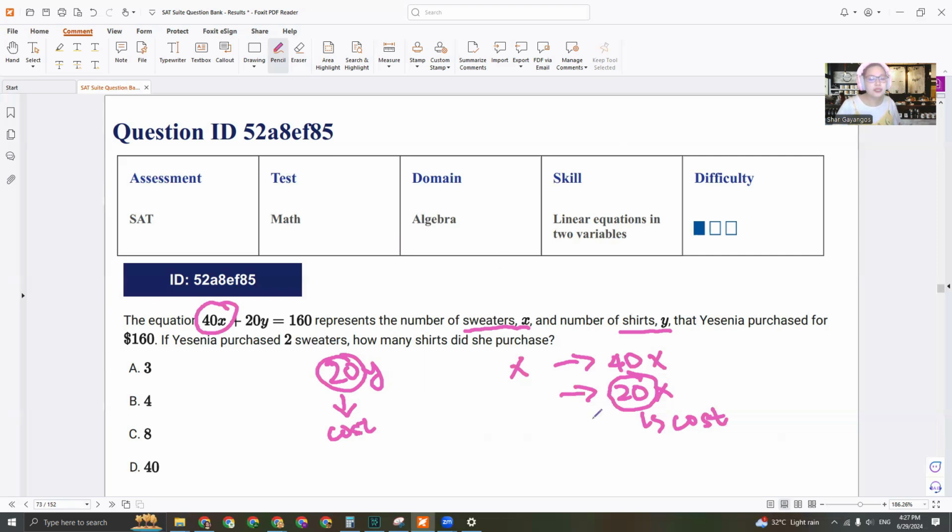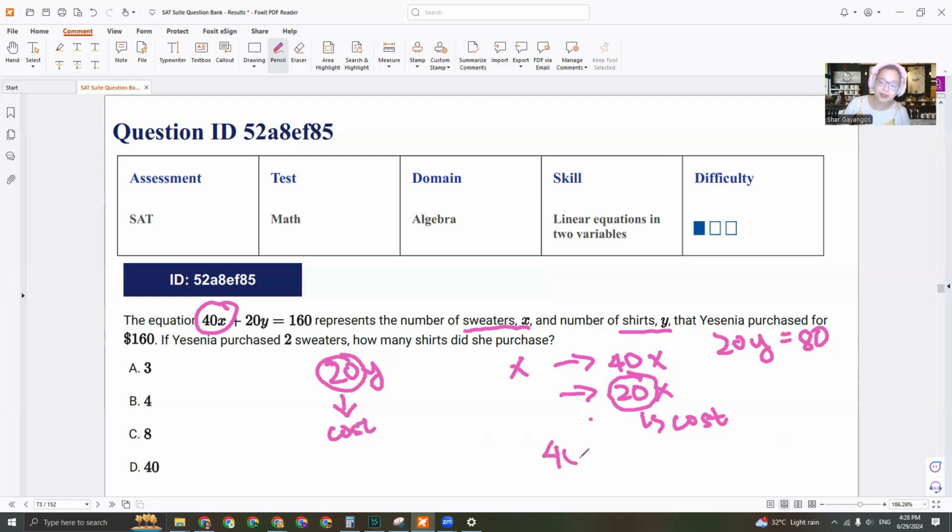And the total, since 1 sweater costs 20 and 2 of them would cost 80, correct? So meaning 20y is just equal to 80. Because that's the remaining amount after purchasing 40x.